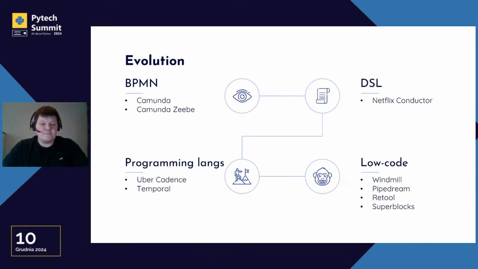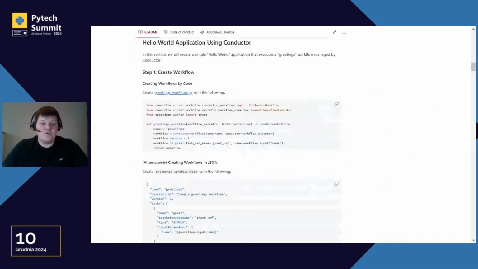That's why for the next iteration, I name it DSL, domain-specific language. An example can be Netflix Conductor. Let's quickly look at the documentation of Netflix Conductor. And we can even use Python and the Python SDK to code our workflows in the Python language.